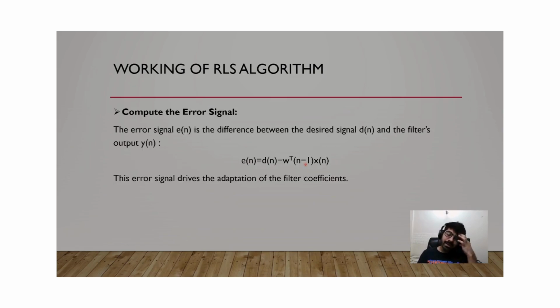Then we compute the error signal. The error signal is the difference between the desired signal and the filter's output yn. This is the formula for our error signal. Here we have just used the formula of yn. This error signal drives the adaptation of the filter coefficients.